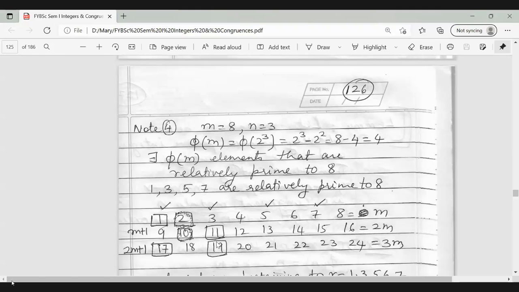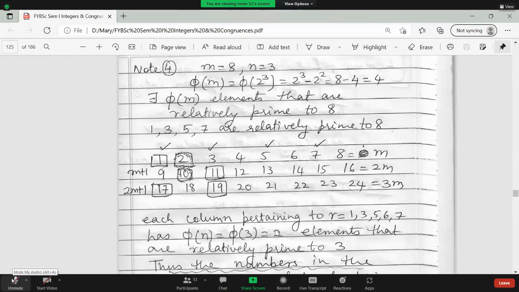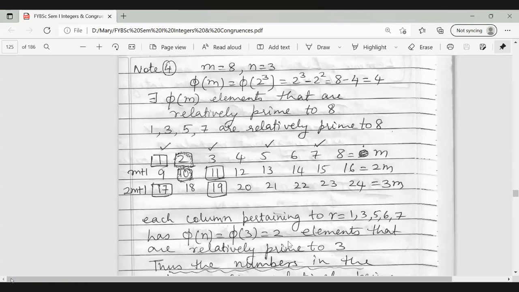Okay, ये जो कॉलम है, हर कॉलम में there will exist φ of 3. φ of 3 क्या है? 2. तो हर कॉलम में 2 नंबर्स रहेंगे which are relatively prime to 3. Only this part is little from congruences.